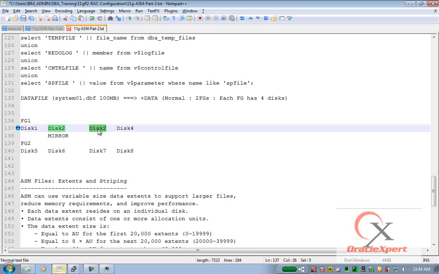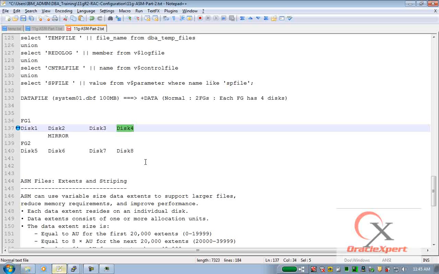Multiple such AUs will make a data extent, and each disk in a striped manner would receive a couple of data extents. So when I store my file of 100 MB, this disk will receive a couple of data extents which are made up of AUs. This disk would receive data extents, and this disk would also receive data extents.